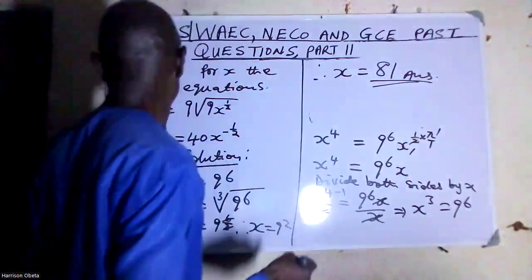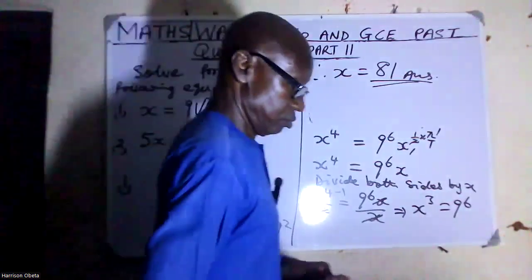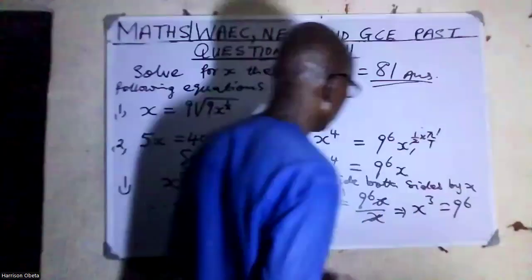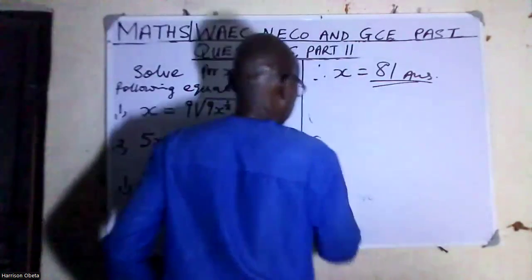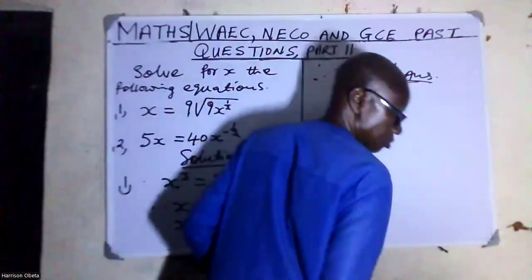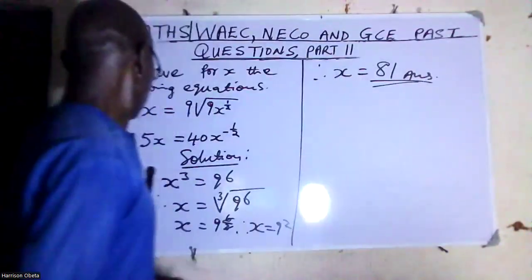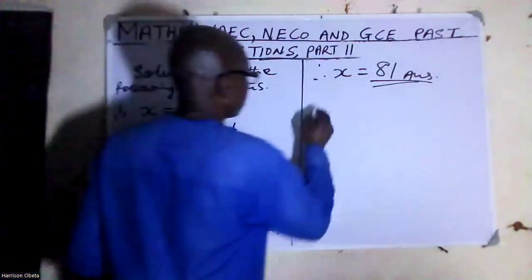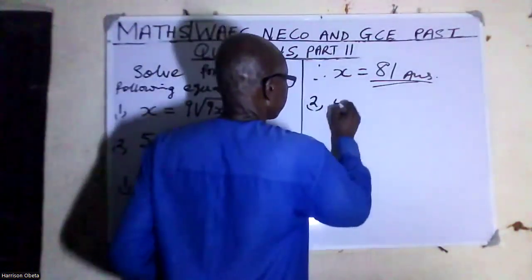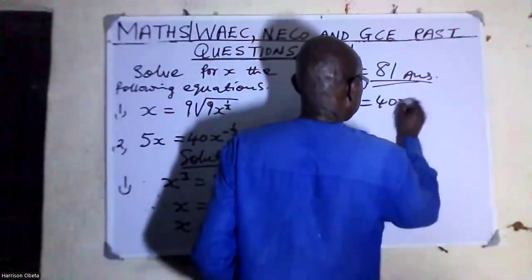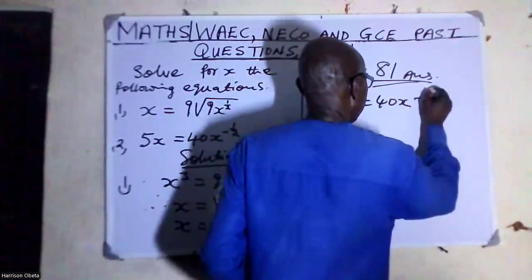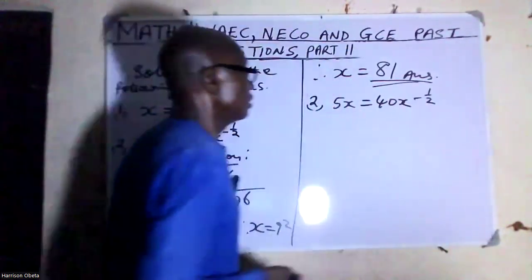Then we go over to question number 2. In question number 2, we are told that 5x is equal to 40x raised to the power minus half.